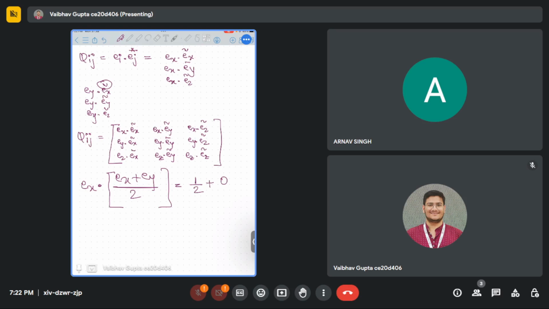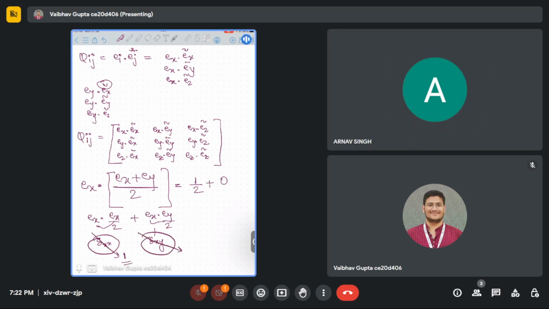Confused? See, Ex dotted with Ex by 2 plus Ex dotted with Ey by 2. We can write like this. So now, same index: when a dot product is there, Kronecker delta will come. Here, for xx, it is the same, so its value will be equal to 1.